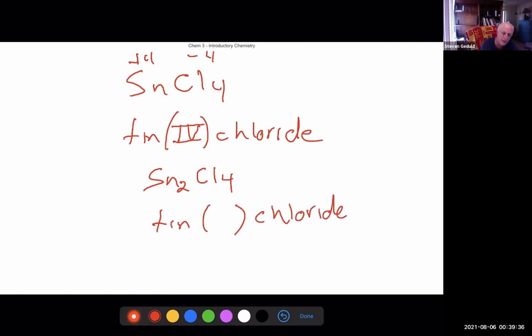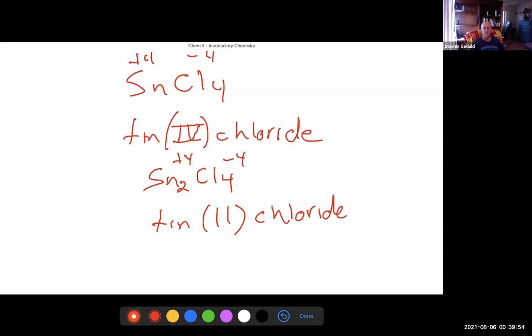Now, chlorine has the -1 charge, and 4 of them, so there's -4. So this again has to be +4. But there are 2 of them, so each one has to be 2. 2 times 2 is 4. So that's +4. So when the subscript is here, that's tin 2 chloride. When there's no subscript, that's tin 4 chloride, because you have to balance the charges.